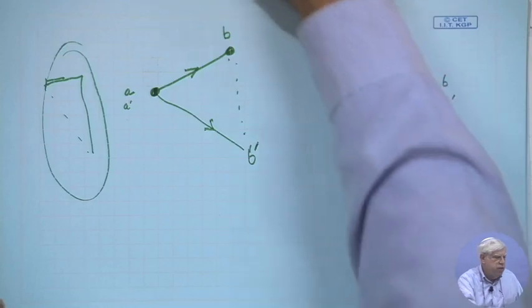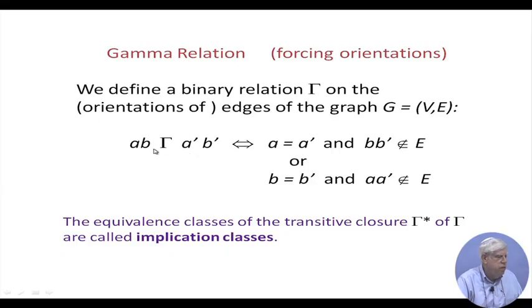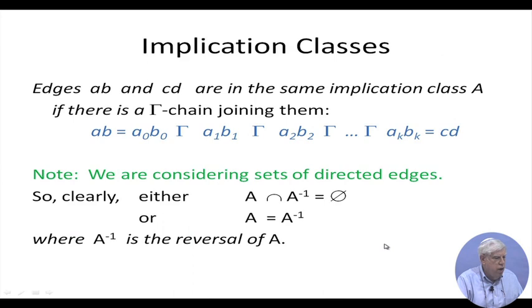Back to the slides. Now you see it again. We say that an edge AB and A prime B prime are gamma related. There's a forcing relation if this configuration happens. And this is an equivalence class, if we take the transitive closure of this gamma relation, which we call implication classes. What do I mean by the transitive closure? Well, it's the usual transitive closure, and here's a definition.